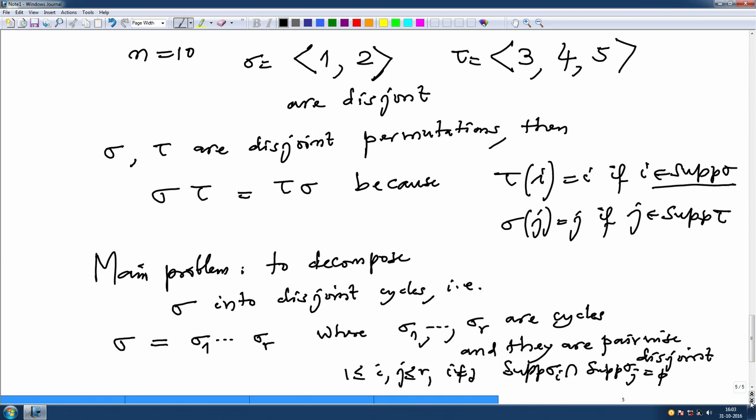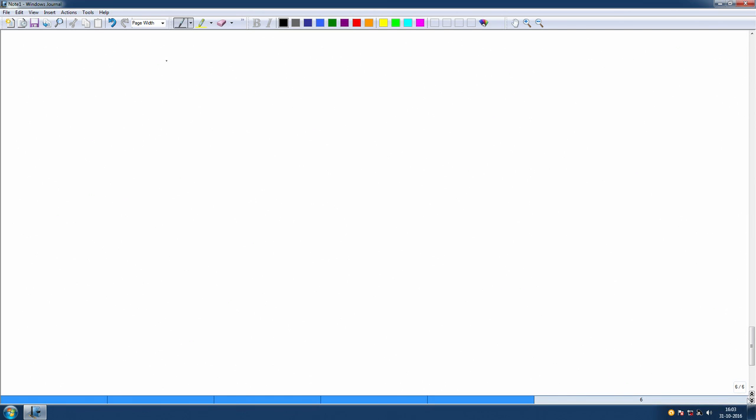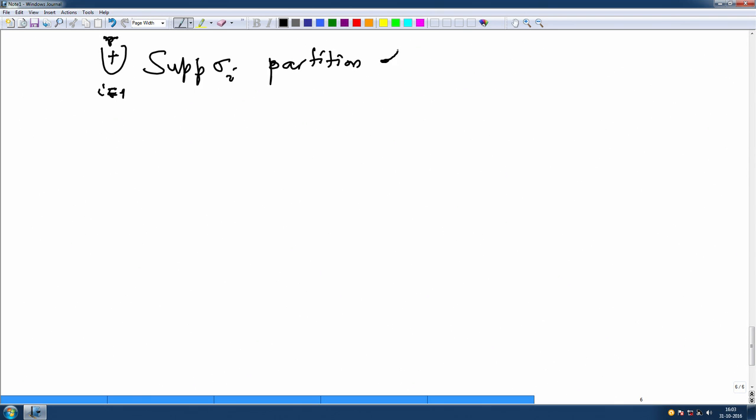Or in other words, this union of the supports of sigma_i, for i from 1 to r, is disjoint. This is a partition of the set support sigma.